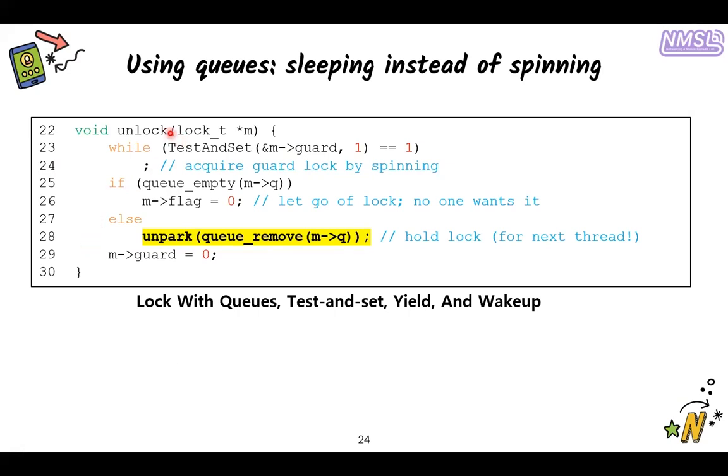When you're unlocking, if the queue is already empty, then you just let go of the lock, or else you unpark the one that's removed from the queue, and you hold the lock for the next thread. So one way was to simply yield. The other is just go to sleep.